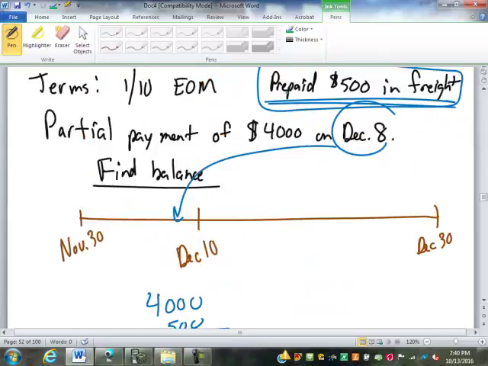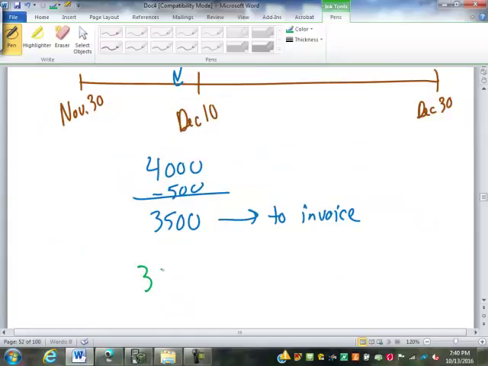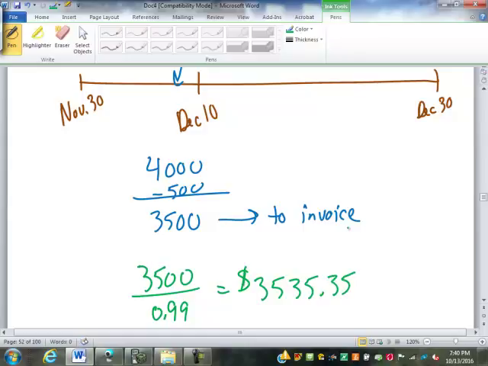Now it is a 1% discount. So now we take the $3,500 divided by 0.99. Very good. $3,535.35 is the credit.